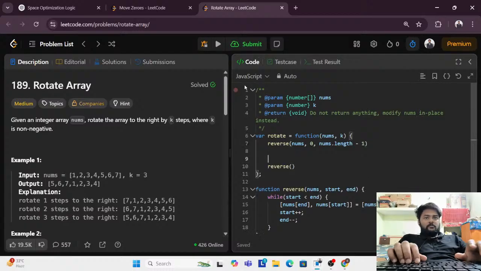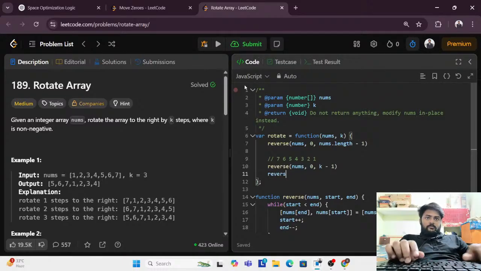After returning this, the array would become 7 6 5 3 2 1, right? And what I need to do is k minus 1, right?